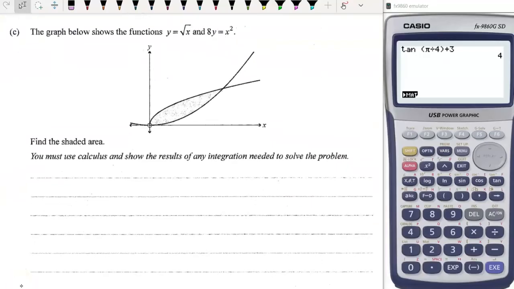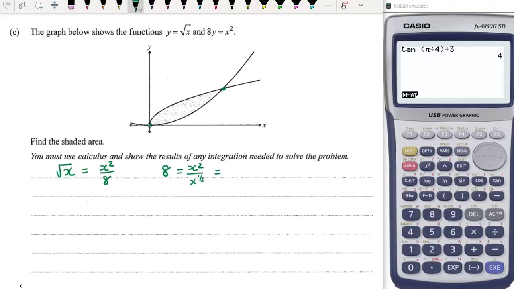For part C, we're finding this shaded area in here. For that, we need to know the intersection points here and here. So if we set the square root of x to be equal to x squared over 8, so we're setting y equal to y in the equations, then we will have that 8 is equal to x squared over x to the half.